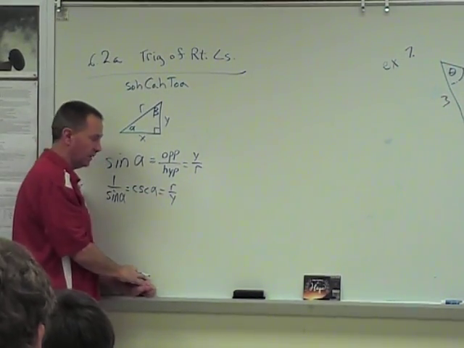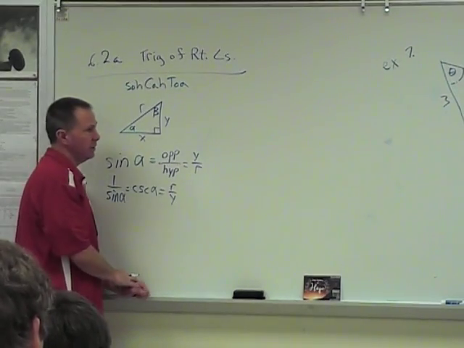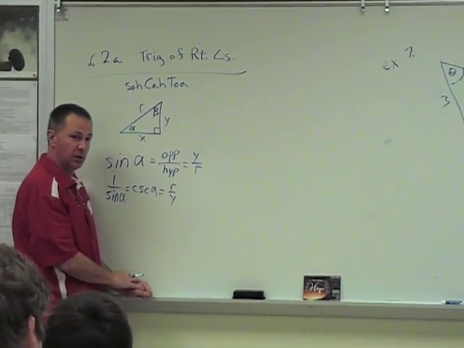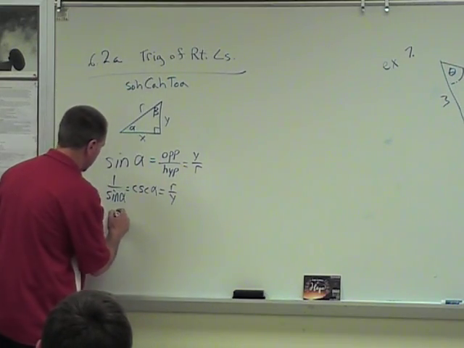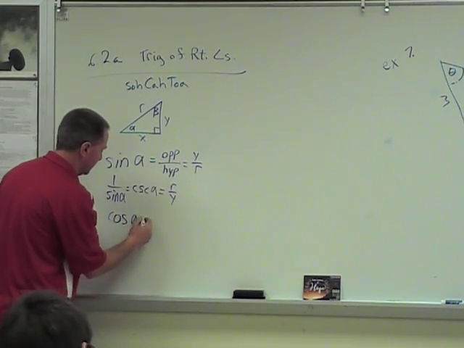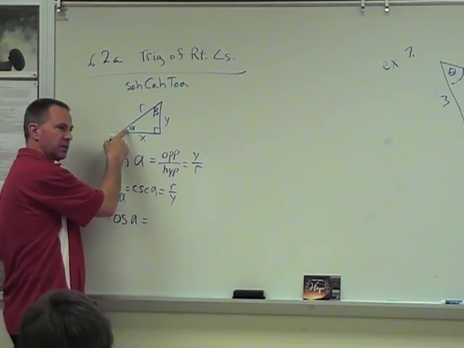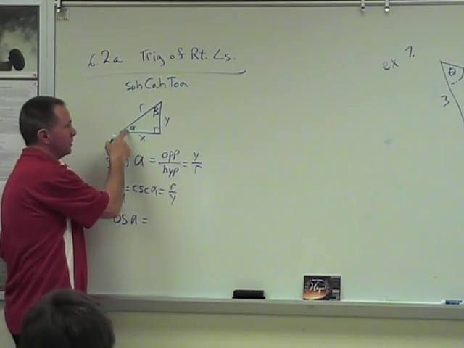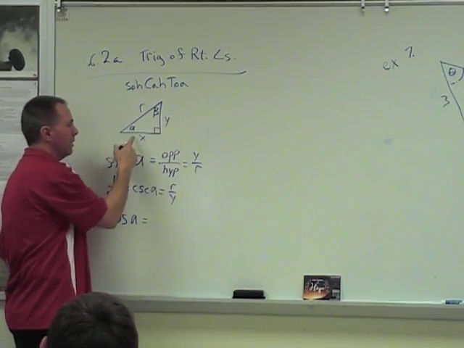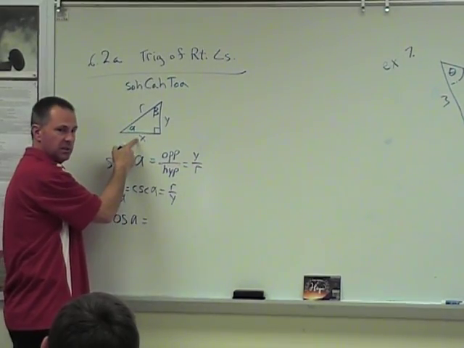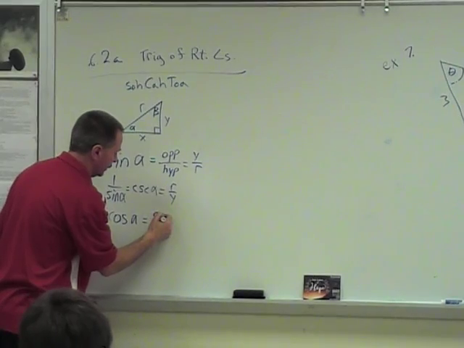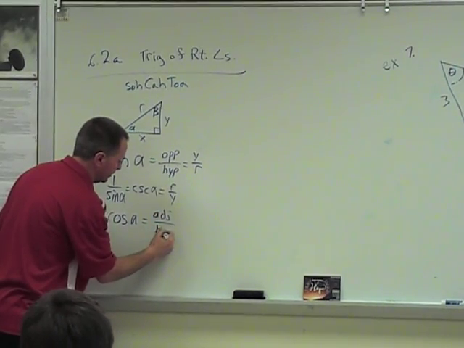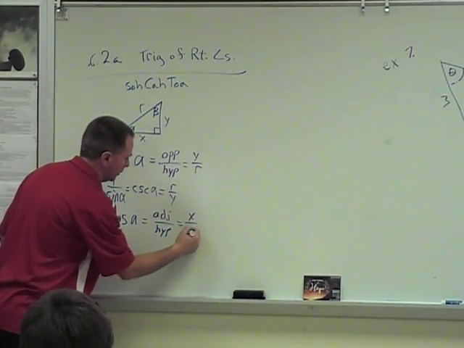Okay, so really, most of what you need to know today and from here on out is just sine and cosine functions. I'll tell you why when we get to tangent. Okay, so cosine of alpha, the cosine from this corner is going to be the adjacent leg over the hypotenuse. The adjacent leg, adjacent means it's touching it, x over r. So adjacent leg over hypotenuse is x over r.